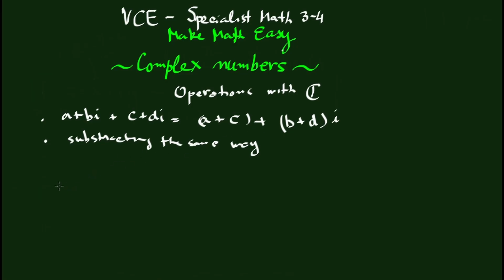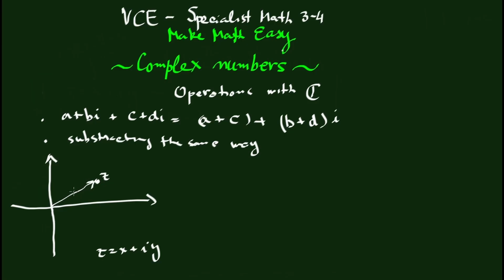We can do that geometrically. If we draw a diagram, we say we have a number z, where z is x plus iy. Let's put our z somewhere here. Note a complex number is a point. That's our z, a complex number, so it's got a vector and its length.